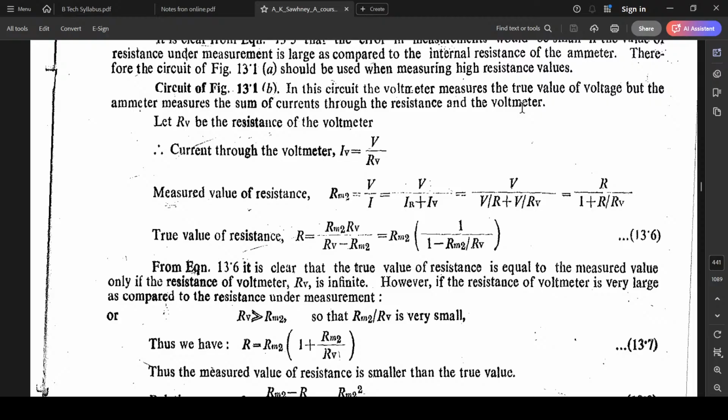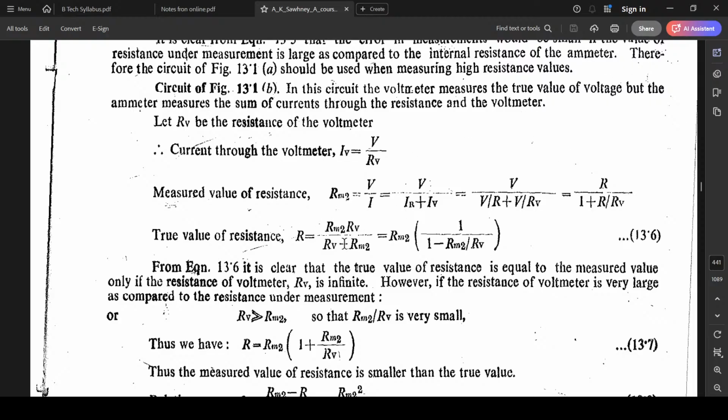Taking R common, 1 minus R2 by RV is equals to R2. And this will divide. So R2 divided by RV, RV minus R2.